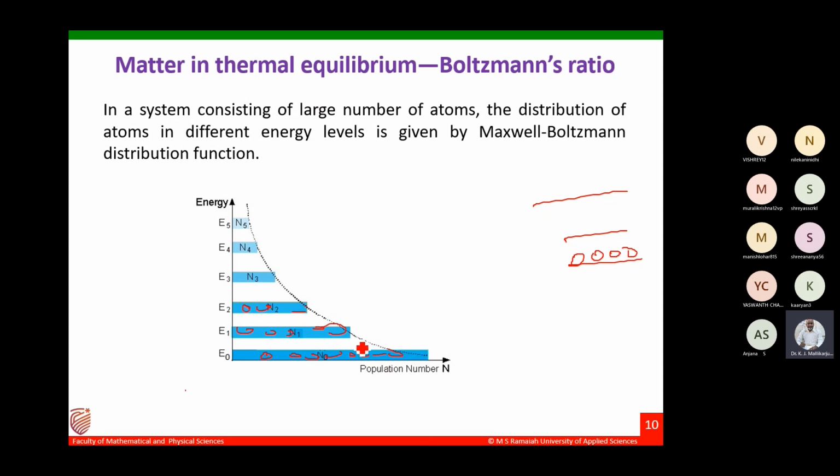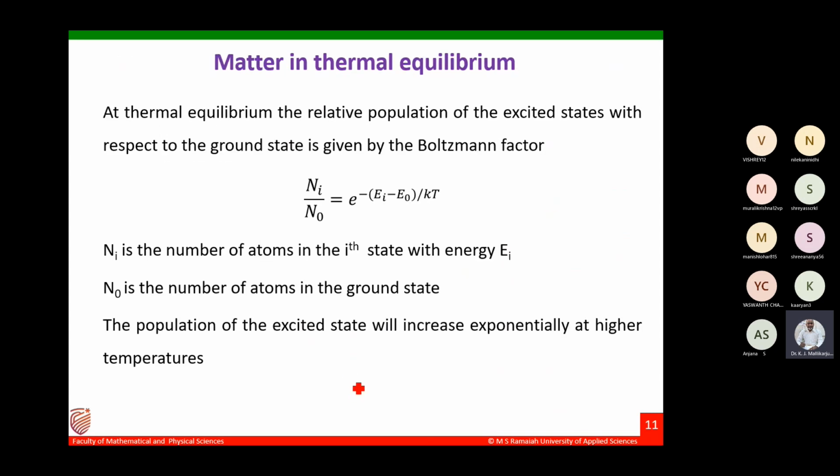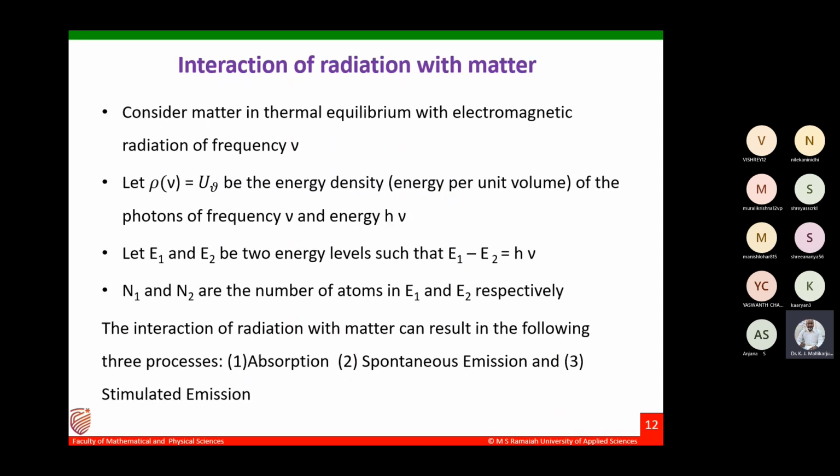The way atoms are distributed among different energy levels is described by the Maxwell-Boltzmann equation. The ratio between two neighboring energy levels is characterized by temperature as well as the energy difference between the two.